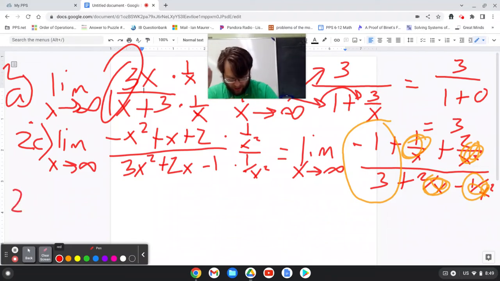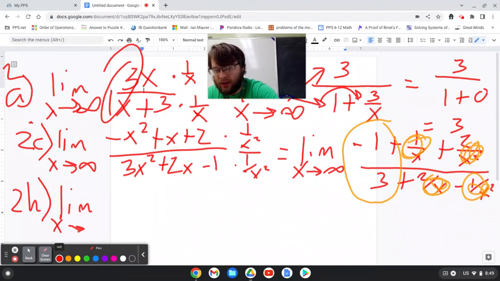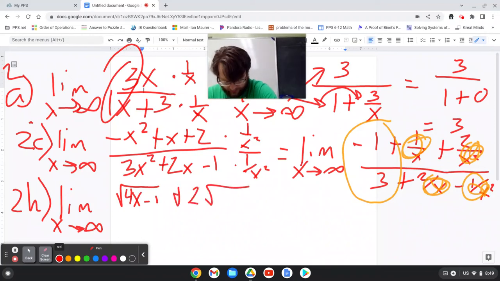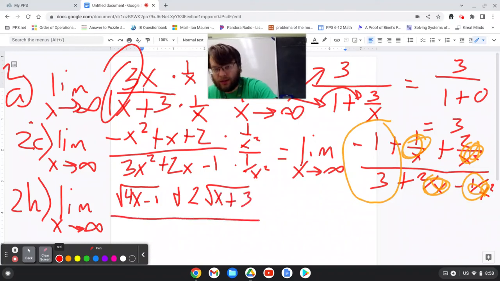So a little bit harder one would be 2h. Let's look at the limit as x goes to infinity. Let's do the same sort of trick, it just looks a little different. Square root of 4x minus 1 plus 2 times the square root of x plus 3, over the square root of x.